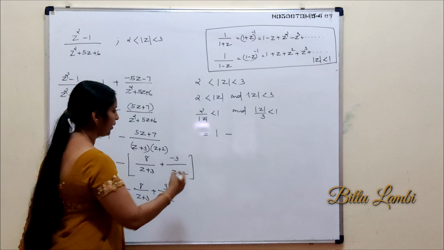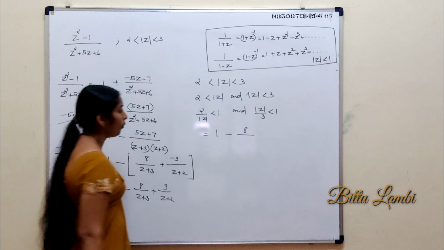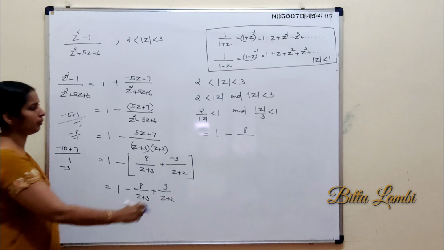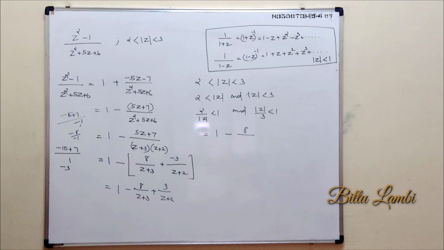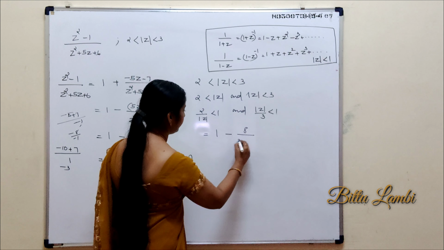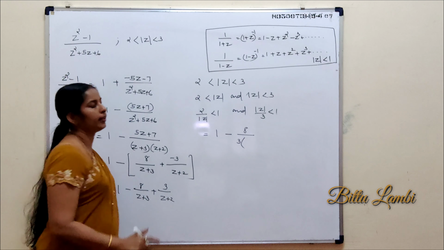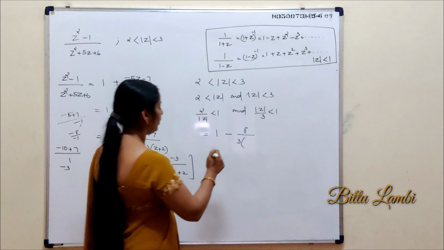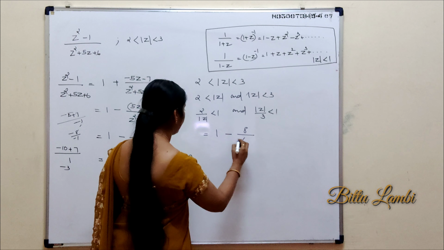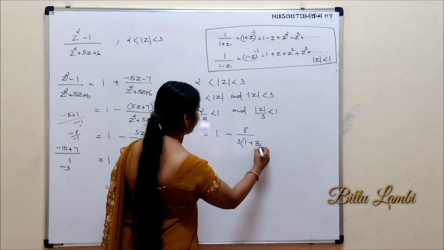We have mod z by 3 less than 1, so you keep z by 3 here. For that you have to take 3 outside. For expanding this one, you have to make the first term 1. So here you take 3 outside, 1 plus z by 3.